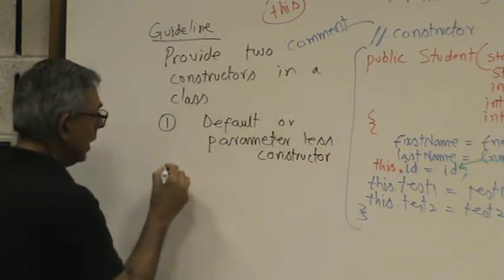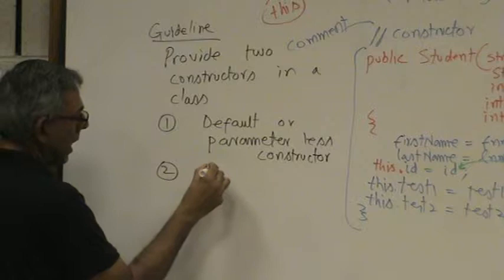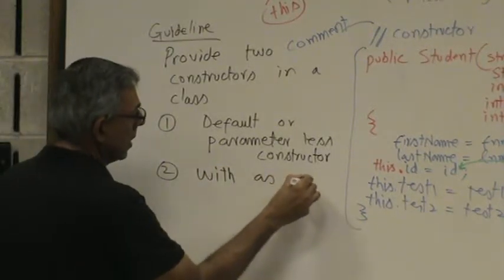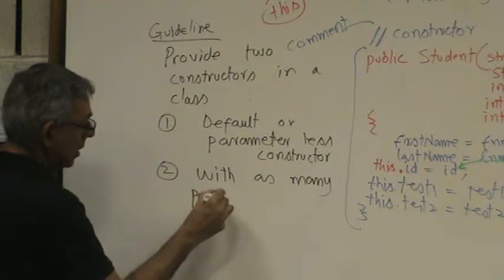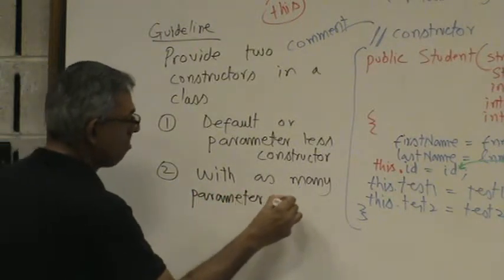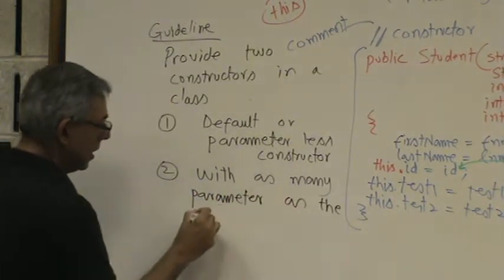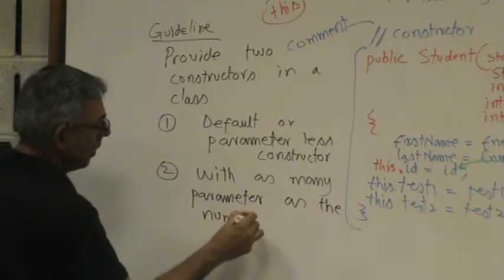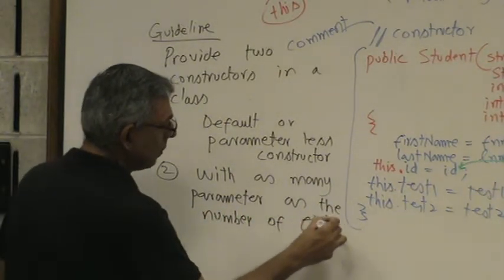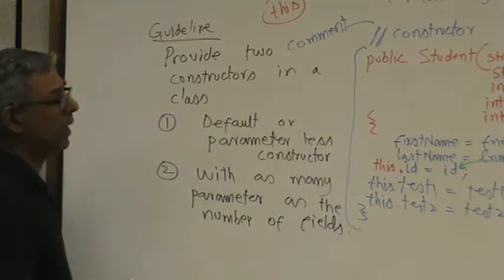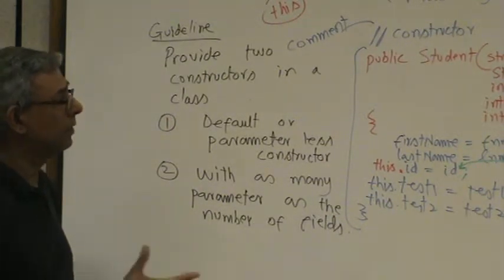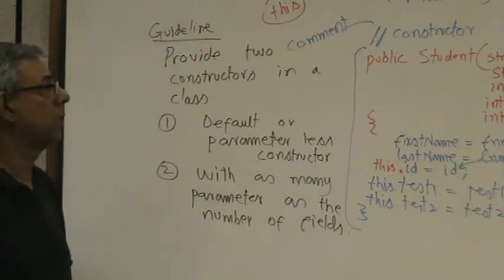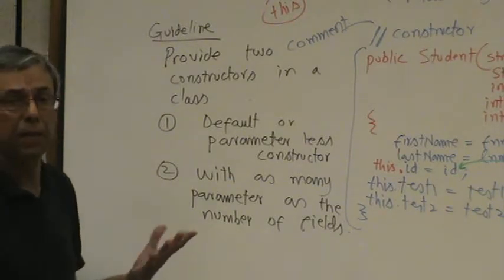What will be the second? Parameterized, with as many parameters as the number of fields. So if you have 5 fields, you will provide a constructor with 5 fields. If your class requires 7 fields, you will provide a constructor with 7 fields, right?